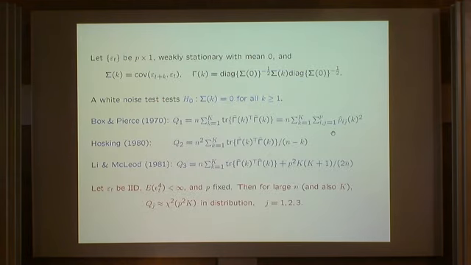First, let's see what the problem is with the classical test for white noise. Now we assume epsilon t is our observation. The reason we use epsilon is that, as I said, the most frequent application of the white noise test is model diagnostic checking after fitting a regression model, for example.